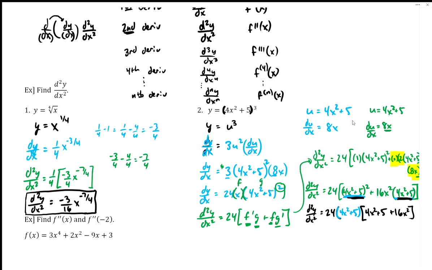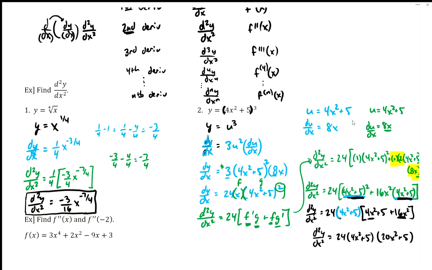The 4x² plus 16x² would combine in there. So our final answer would be d²y/dx² is 24(4x² + 5)(20x² + 5). So 16 plus 4, like that.